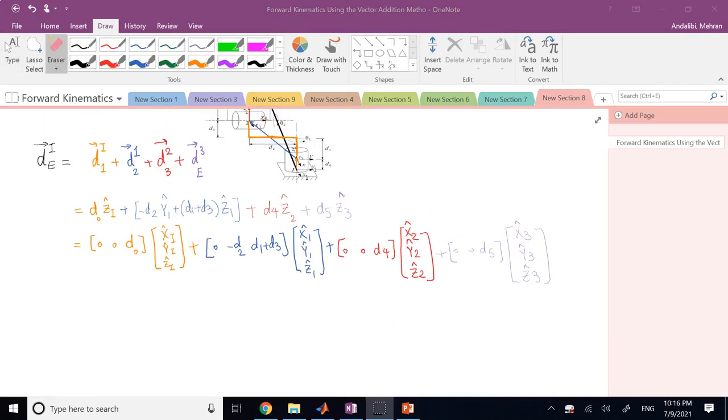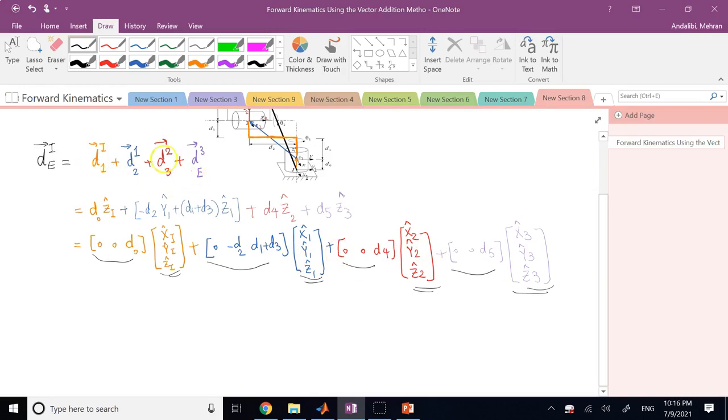Good. Okay, now the question is, can I add these vectors together now? Can I add this one to this one to this one and to this one and get what I need? The answer is no, because they're all written along axes that are different. Each one is written along a set of unit vectors that are different from the rest, and you cannot add apples and oranges.